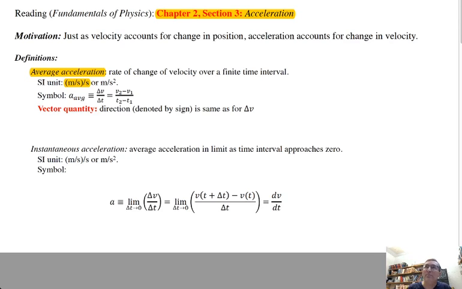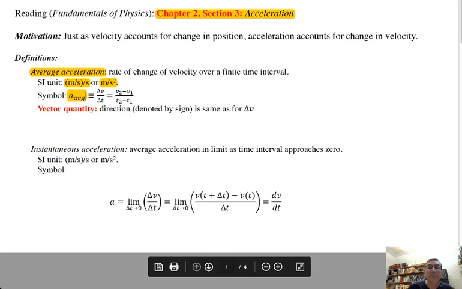So meter per second per second is really meter divided by second squared, which we denote like this: meter over second squared, or meter per second squared. And that's how a physicist would say those units. The SI units of average acceleration are meters per second squared. What's the symbol for average acceleration? A for acceleration and a subscript AVG for average. Okay?